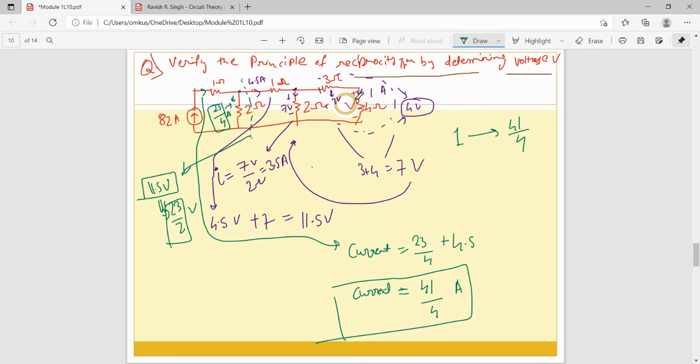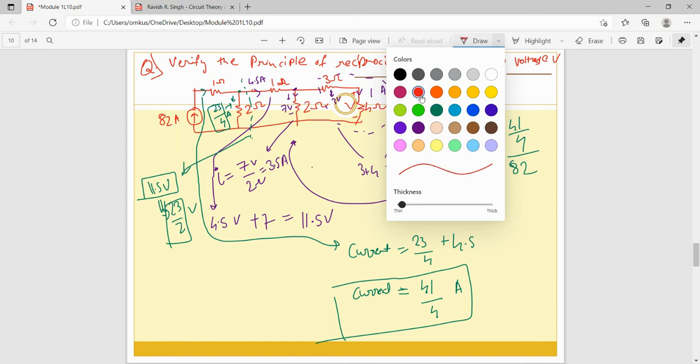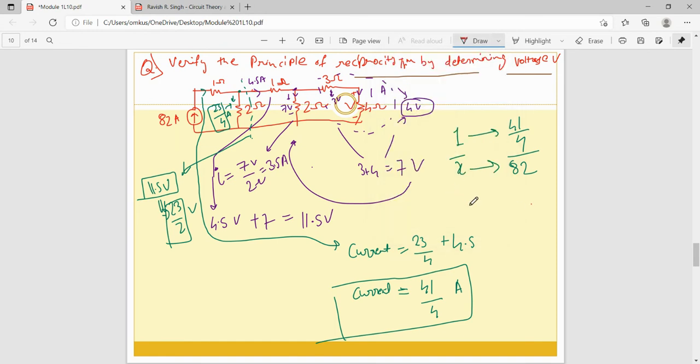So what is the actual value of this current? Let it be x ampere when you supply 82 ampere source. So take the ratio of these two and find out the value of x here.